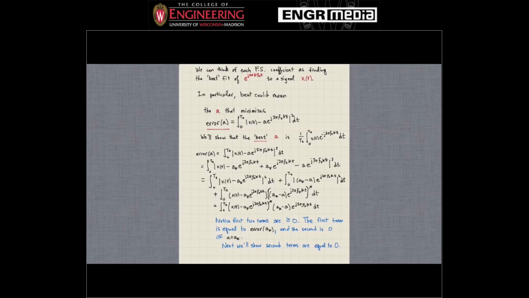When we say we want to find the best fit, we could mean a number of things. But in this case, what we mean precisely is that the mean squared error is minimized, if I define the error of A as follows.